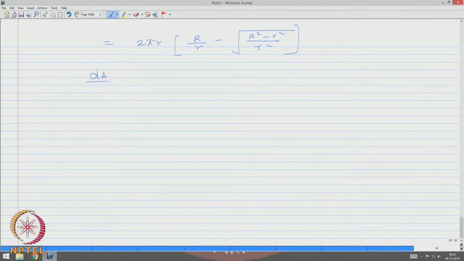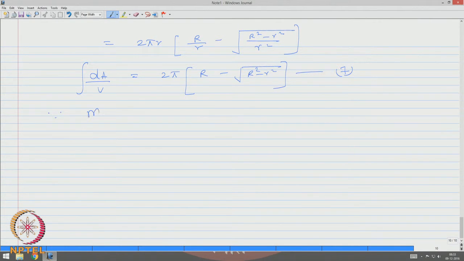So, the integral dA by v is 2 pi R minus root of R square minus r square. This is equation number 7.